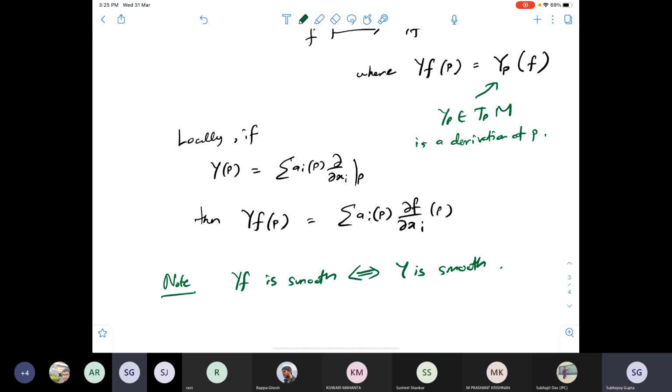In other words, these coefficients a_1 to a_p are smooth.